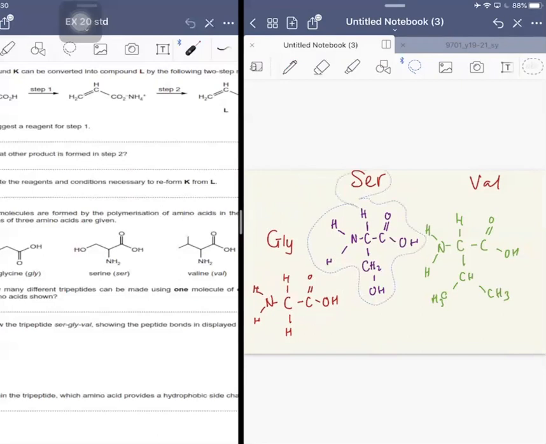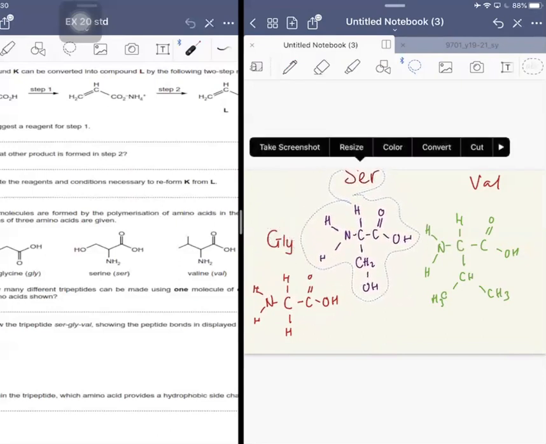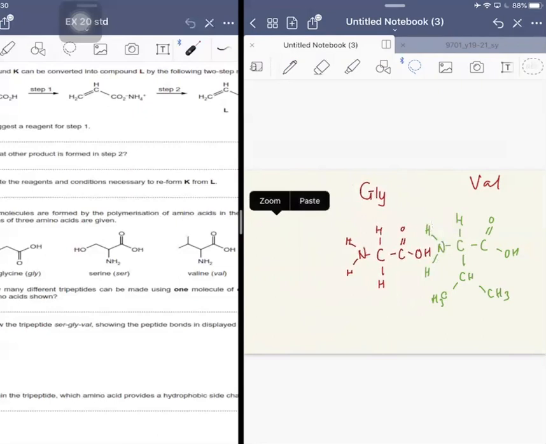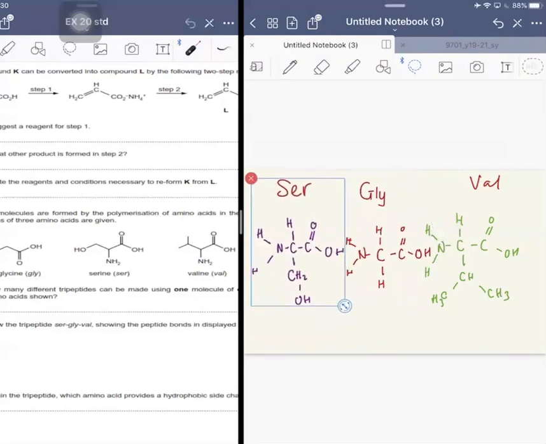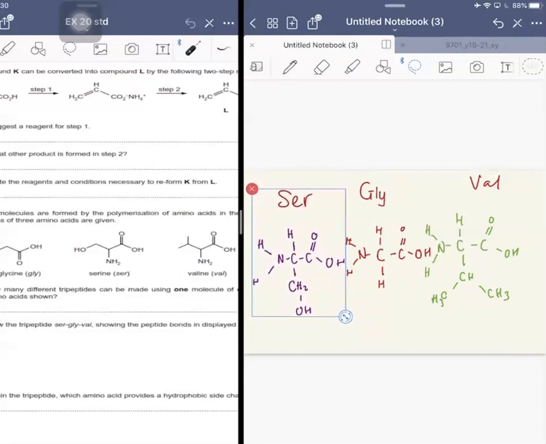How do I move them? Okay, so now serine, glycine, valine in the order that they want you to draw.